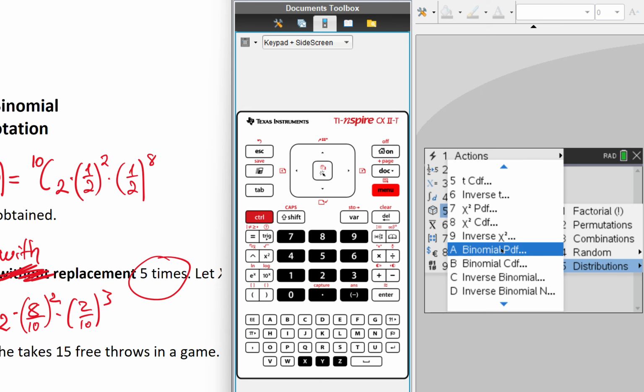For the problem that we are dealing with today, because we want to find the probability of an exact thing happening, the probability of flipping exactly 2 heads out of 10 trials with a coin, that's going to be a PDF. That calculates an exact probability of an event happening. The CDF is cumulative.